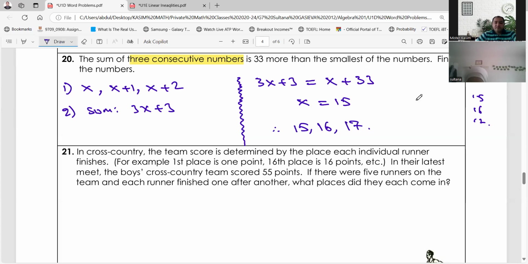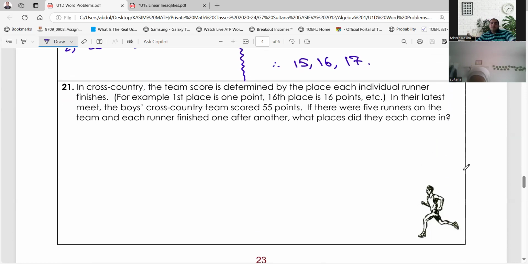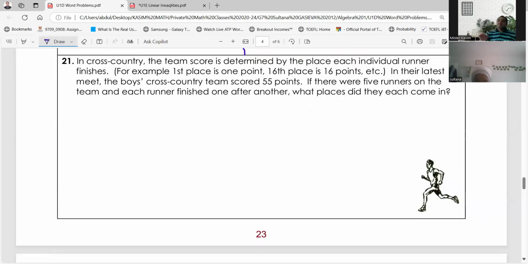Okay. Now the last one is a bit challenging question. Let's do this and we'll see inequality. Read question 21. We're gonna read it. So in cross country, what's a cross country? Cross country means across the country, right?